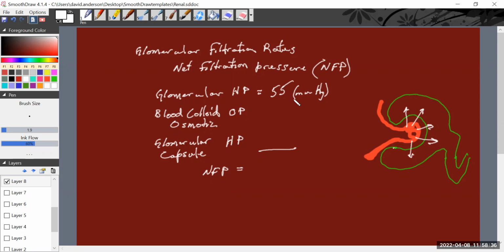On average, the osmotic pressure in these arterioles at the kidney is about 30 millimeters of mercury. Then all we're left with is whatever pressure is being exerted in the capsule on average, and it tends to be around 15 millimeters of mercury.